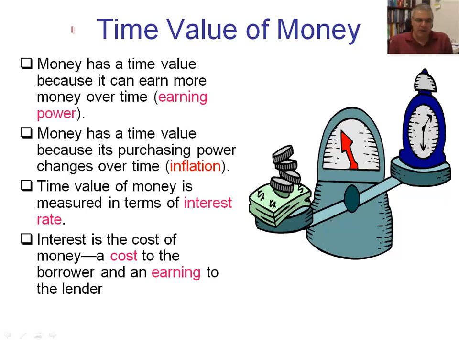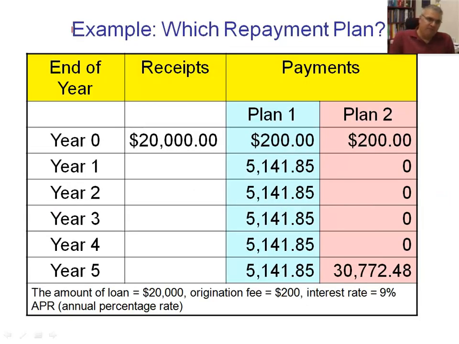Borrowing money has a cost, and that is, again, the cost to the borrower or earning to the lender. So both sides of the equation, whether it's a borrower or the lender, they use interest because interest is the cost of money. So it's important to realize these four fundamentals when we talk about time value of money.